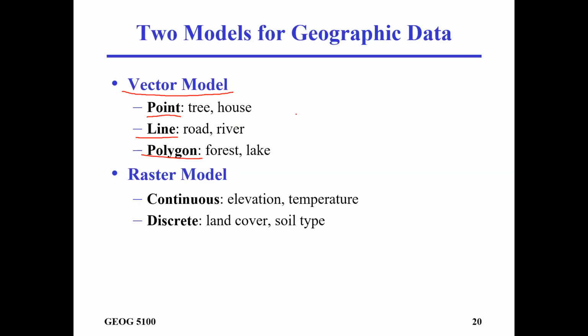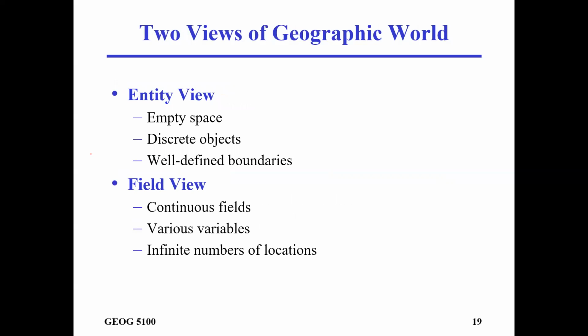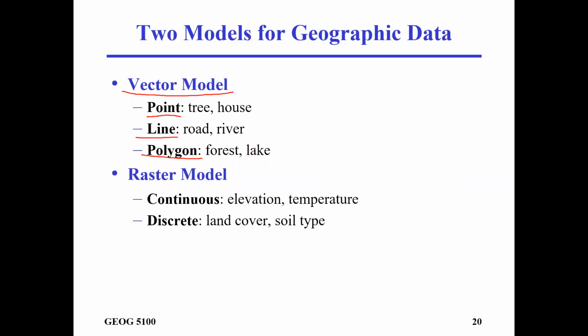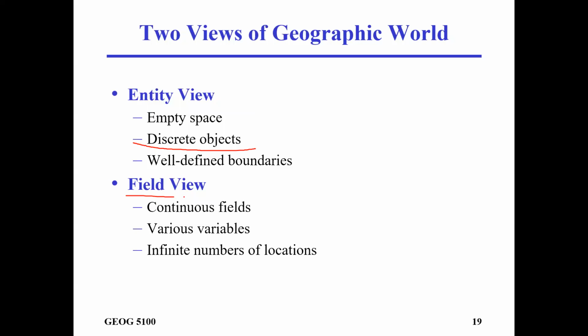Each point or each line or each polygon is a discrete object. For example, a tree as a point, a house as a point, independent from each other, discrete. Lines and polygons, similarly. On the other hand, the raster model or raster data is associated with field view.